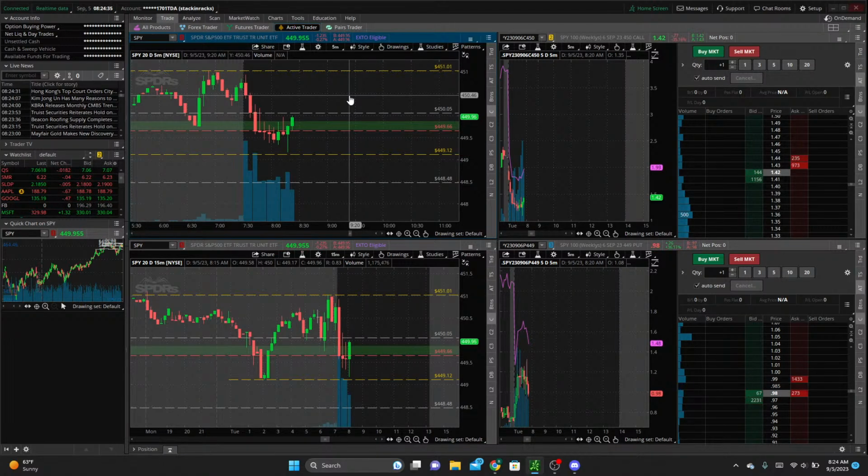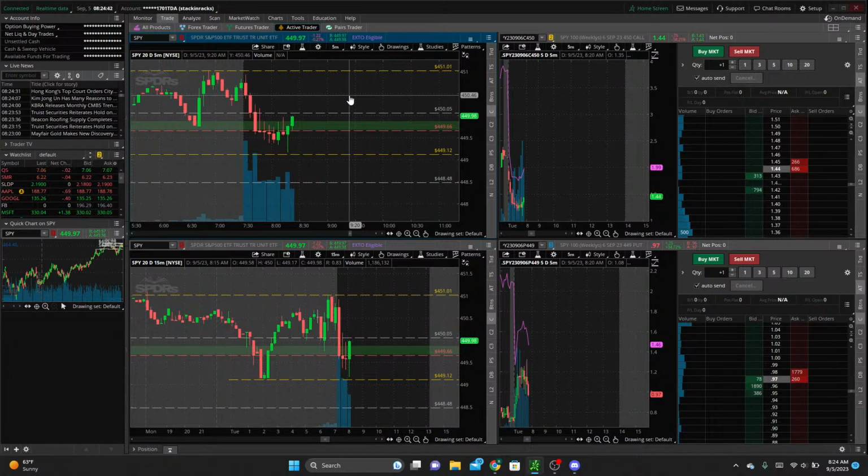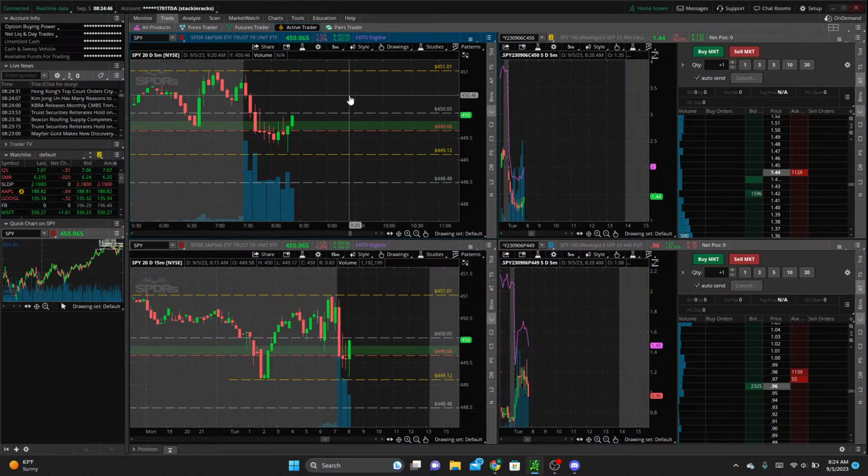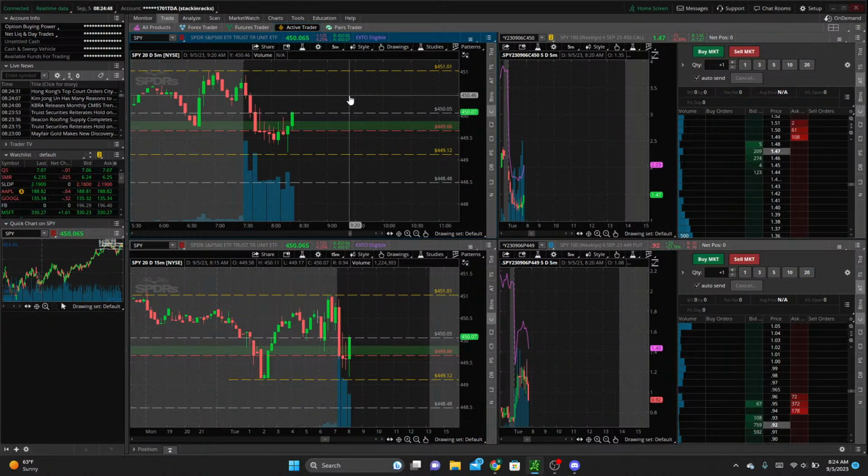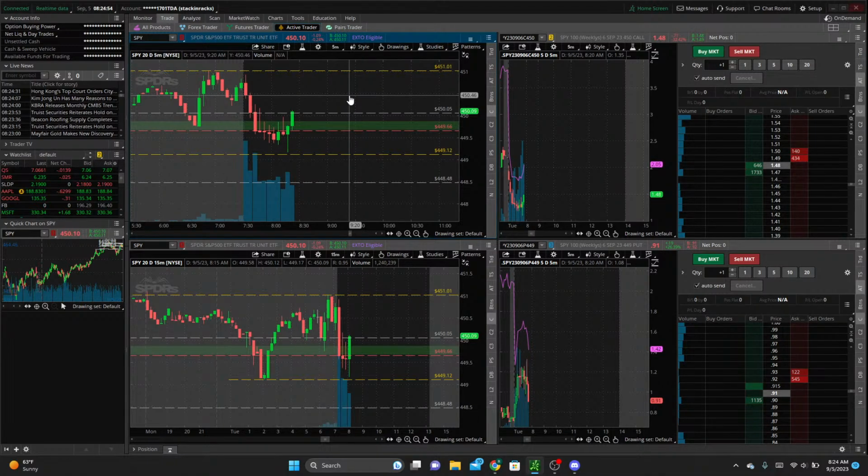But if certain individual names, if you catch a breakout or if you can trade post earnings or something, there's a lot of opportunities in that as well. I think for me right now, I'm probably most comfortable just watching one thing at a time. But there's definitely a lot of opportunity out there.